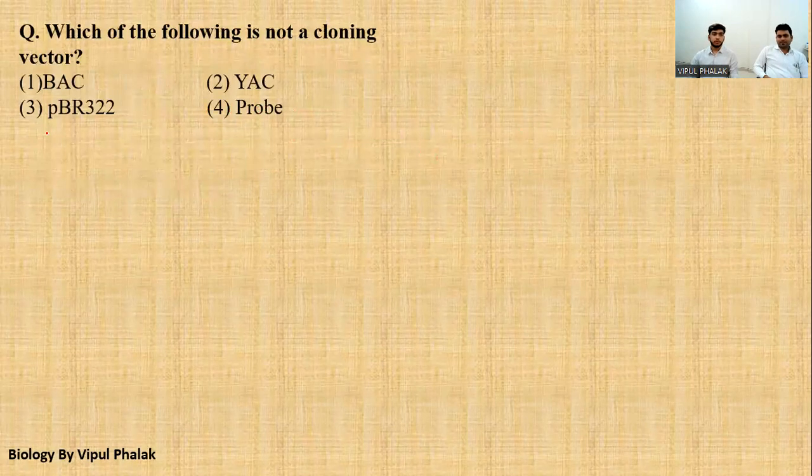Next question we got: which of the following is not a cloning vector? This is a simple question from biotechnology. Here, BAC stands for bacterial artificial chromosome.